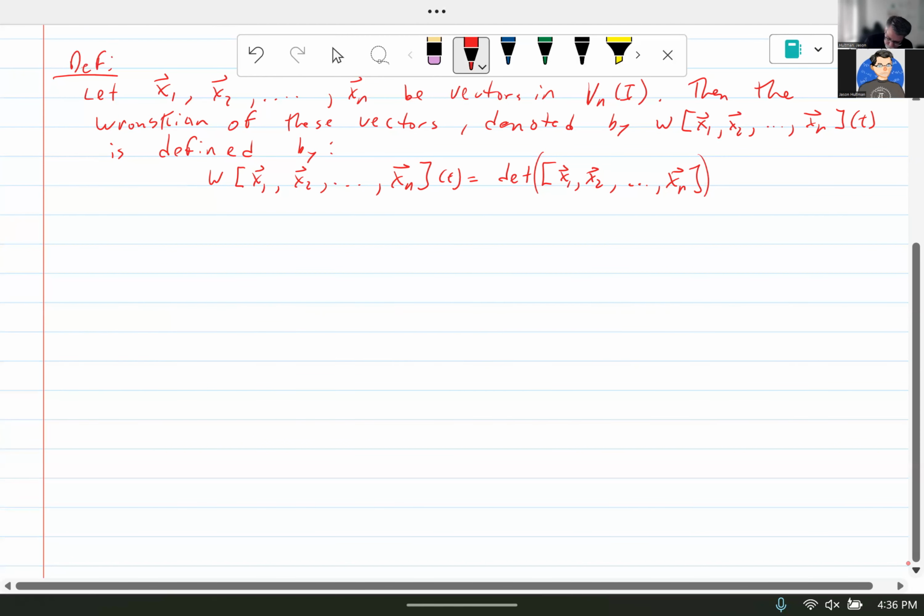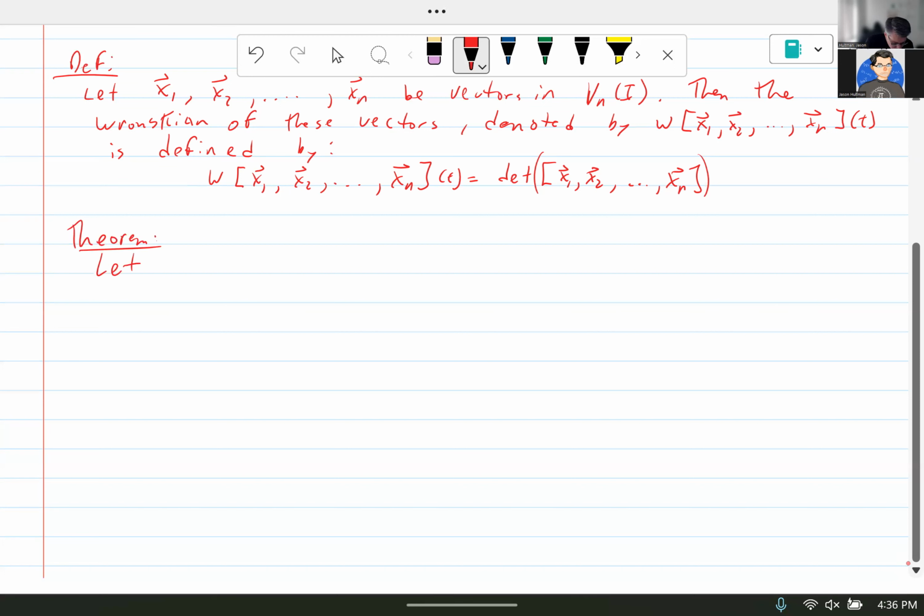Okay, theorem. Let x1, x2, ... xn be vectors in VnI.